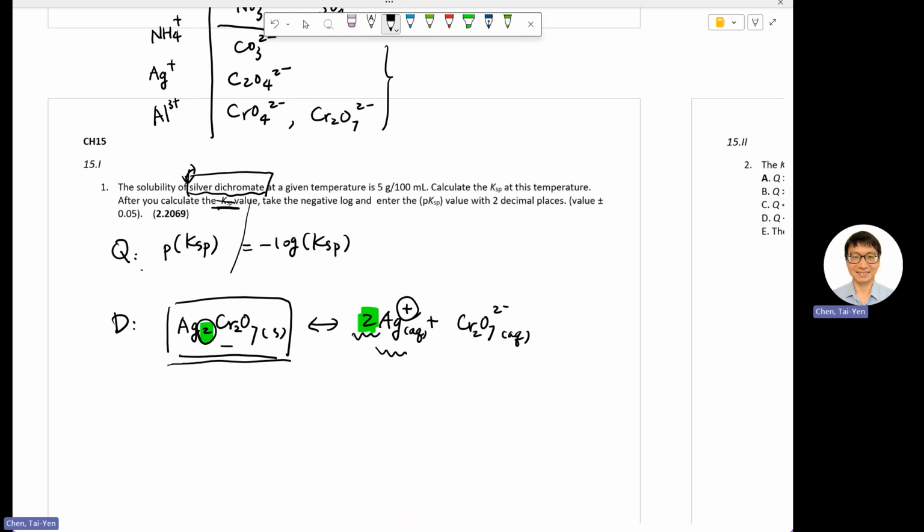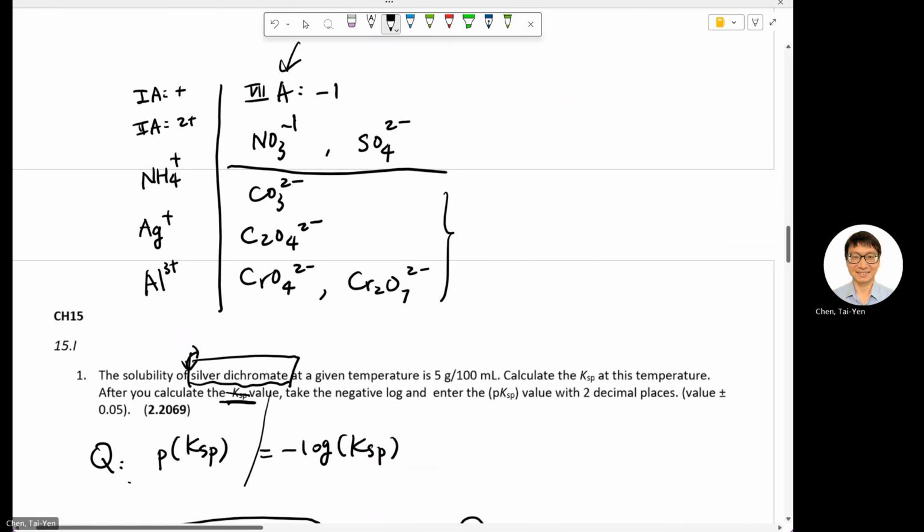And for Cr2O7, we just say Cr2O7 carries -2. There is only one unit of that, therefore the coefficient in front of it is 1. This little table will help you write out those dissociations correctly.